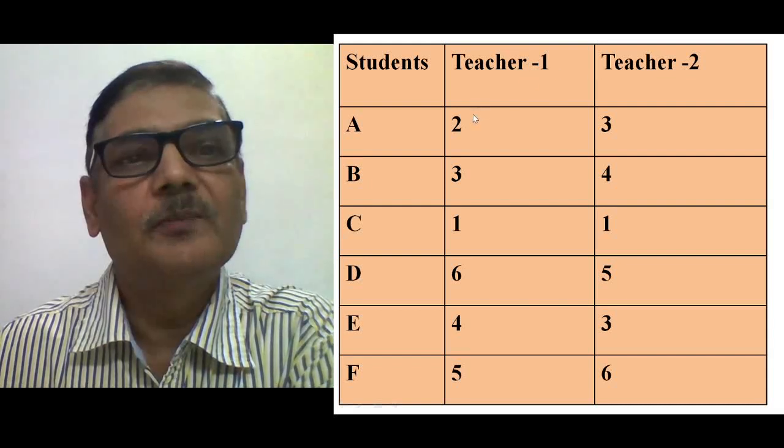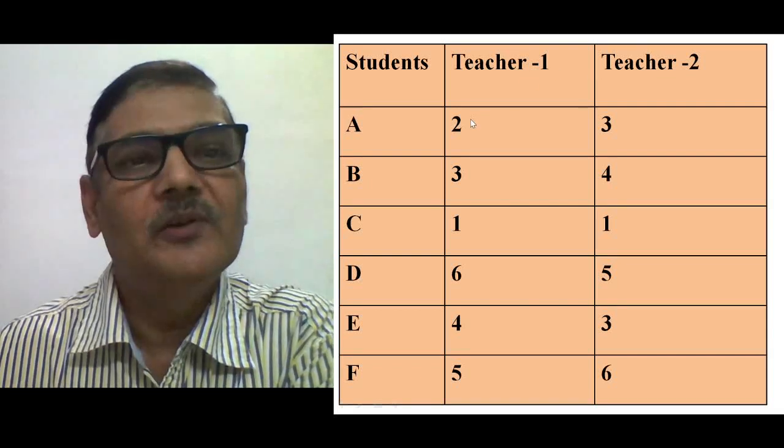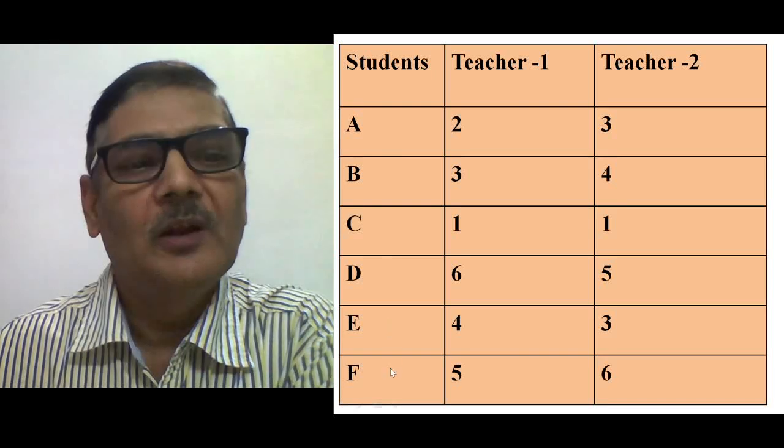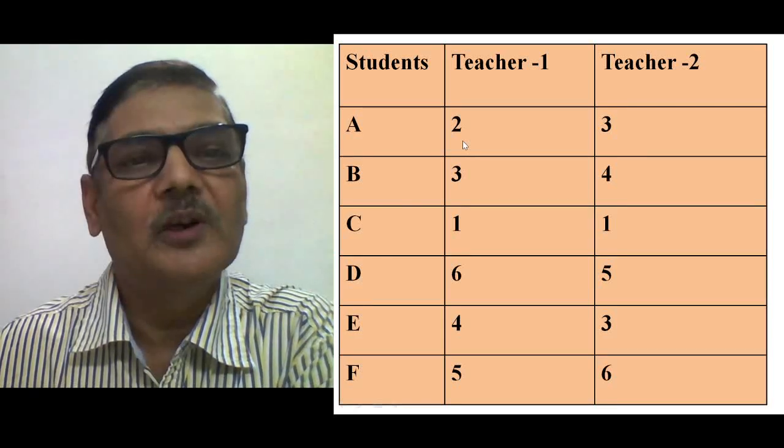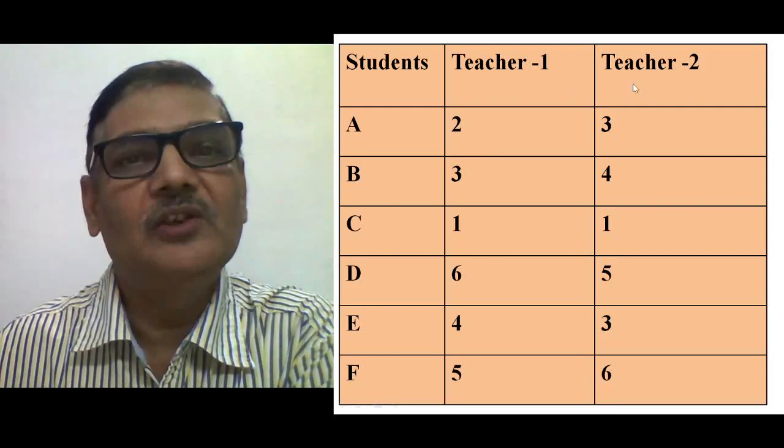These 2 teachers evaluate the performance of these students based on their academic contribution, their examination results, or whatever they perform in their examinations. They have been evaluated and are now being ranked by these 2 teachers.